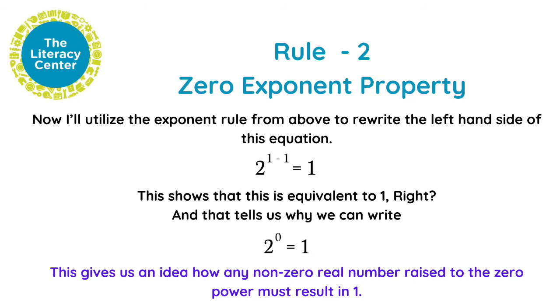This shows that this is equivalent to 1, right? And that tells us why we can write 2 to the power of 0 always equals 1. And this gives us an idea how any non-zero real number raised to the 0 power must result in 1.